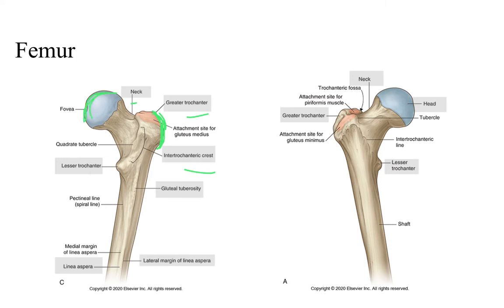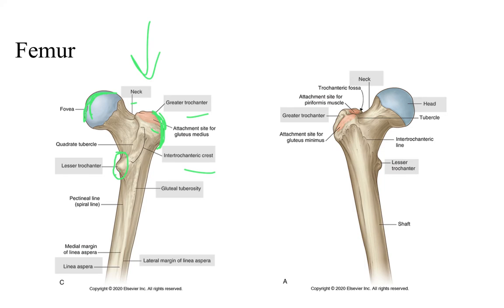The head will always be pointing medial, going into that acetabulum or acetabular fossa. And then down here you have the lesser trochanter, this smaller bump in the bone that's between the greater trochanter and the head of the femur, and that will always be located posteriorly. So what we're looking at here in this particular picture is a right femur.